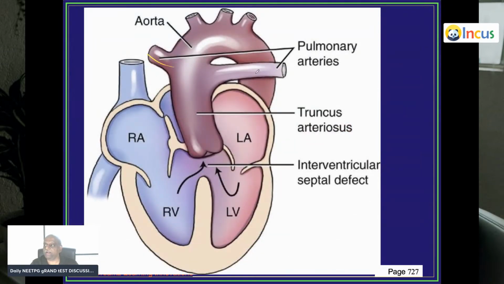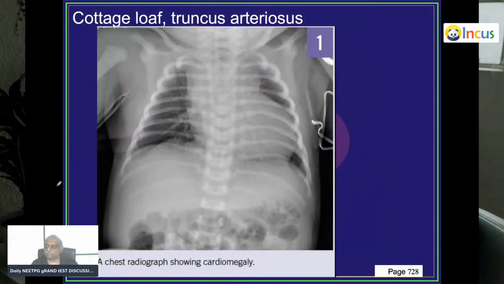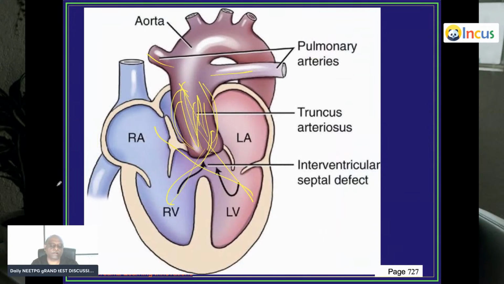Then what do you get in transposition of the great arteries? Right ventricle drains into aorta and left ventricle into pulmonary artery. Sorry, truncus arteriosus means not transposition.